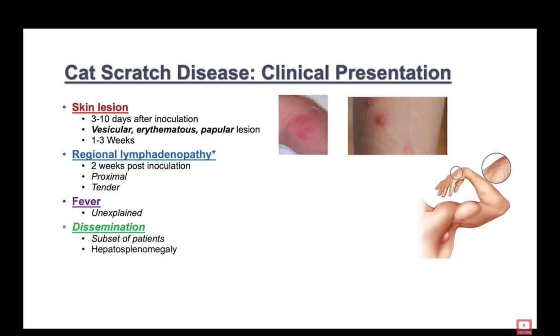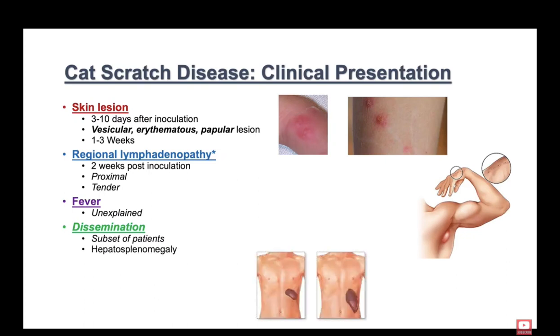It can lead to hepatosplenomegaly, so an enlargement of their spleen and liver. They can get retinitis, an inflammation of the retina in their eyes, and they can also get encephalopathy. So again, this occurs in rare instances, but it can be caused by cat scratch disease.